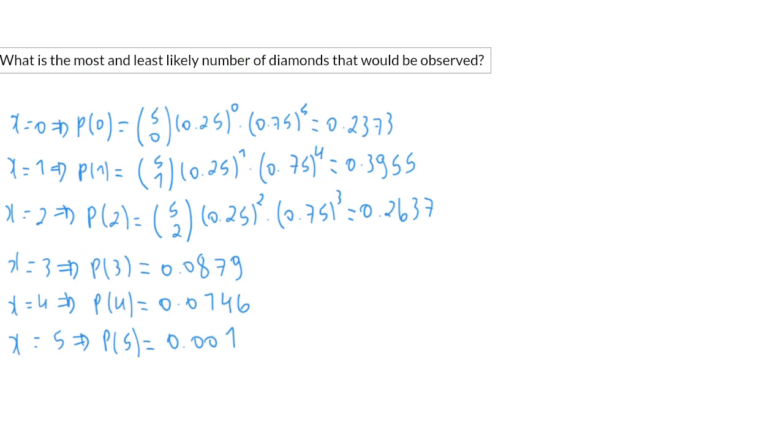The last question for today. What's the most and the least likely number of diamonds that would be observed? This is the easiest question. We just need to look at the probability and decide which one is the biggest and which one is the smallest. So let's do this.